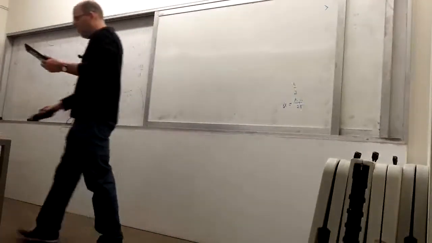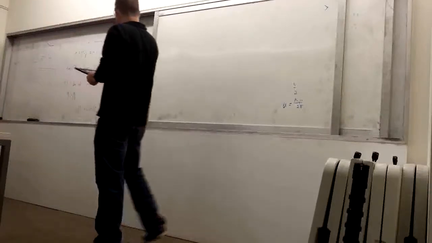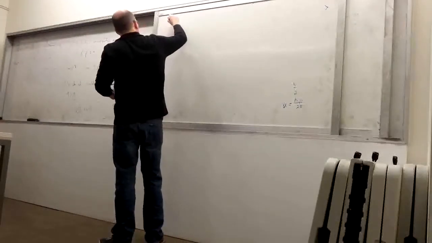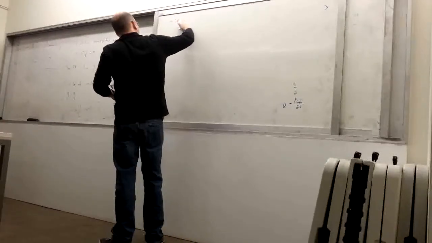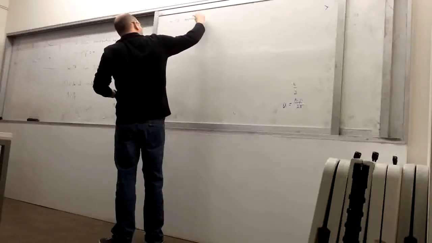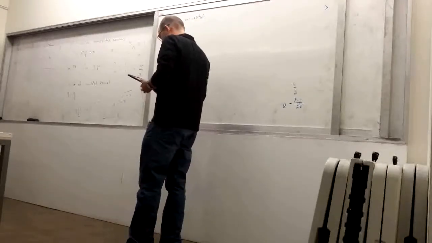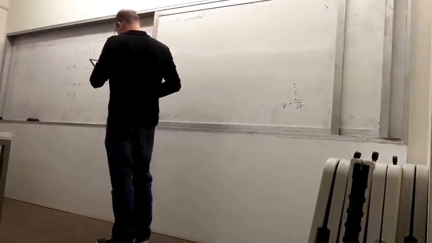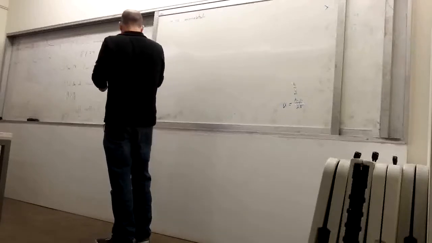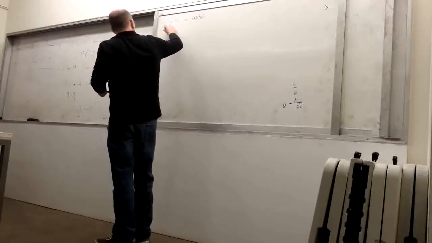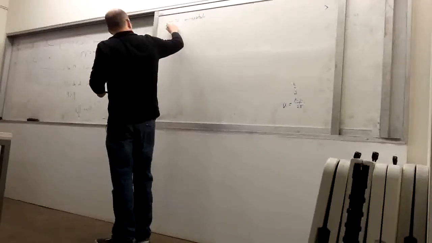So first of all, if alpha is equal to 0, we're back in the uncorrelated case. Now, what happens if alpha approaches 1?